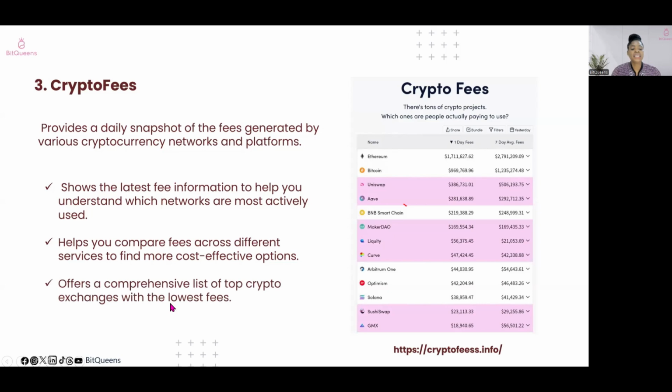Another thing is that it gives you an overview of different cryptocurrency exchanges and what they're charging. You see, one thing is these different cryptocurrency exchanges have different values for different cryptocurrencies. Not that the values differ widely. There's usually a margin in terms of price. For instance, Bitcoin can be $69,900 on Binance.